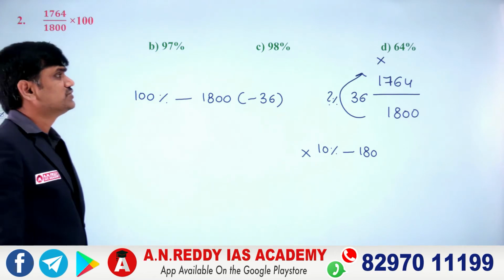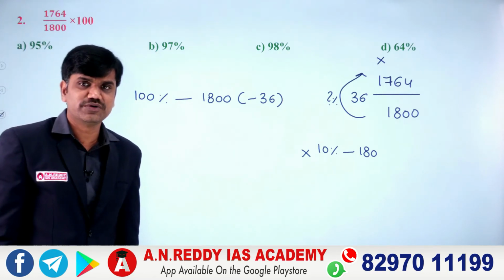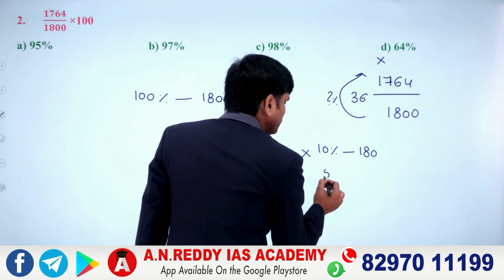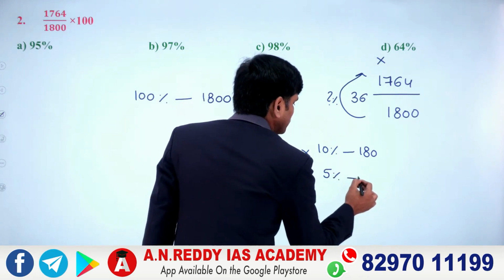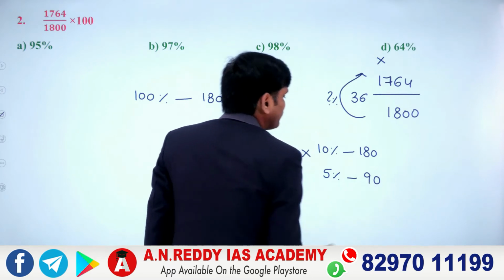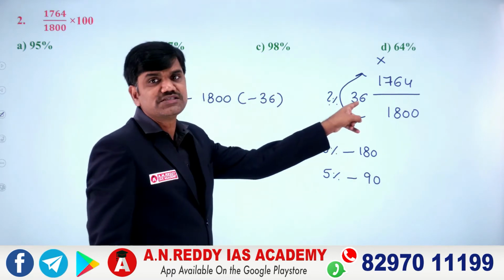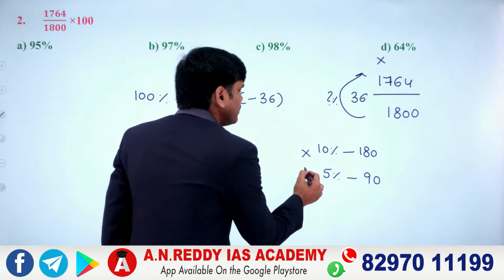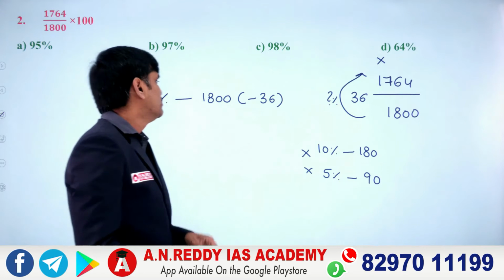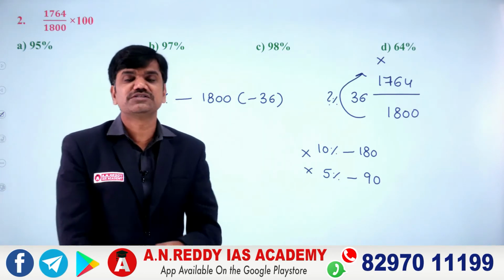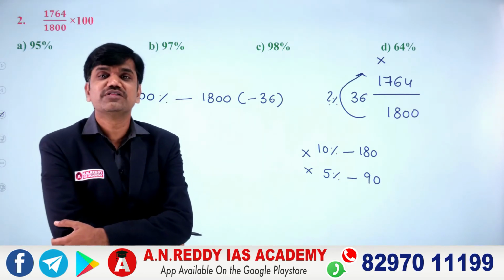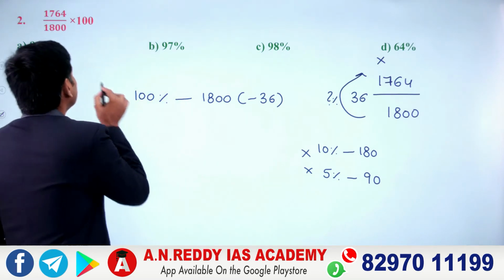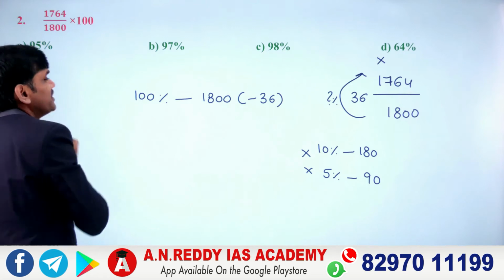Still I have three options over here. Can I remove 5%? What is 10%? 180. 5% will be how much? 90. Whatever I have to remove is only 36. That means I can't even remove 5%. I can't remove 5% from 100 means my answer is more than 95%. Hence I can say that my answer is not option A.